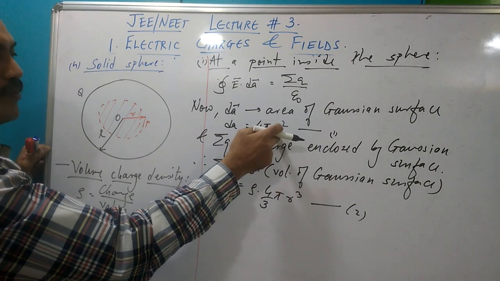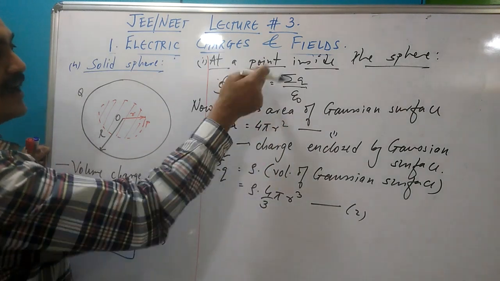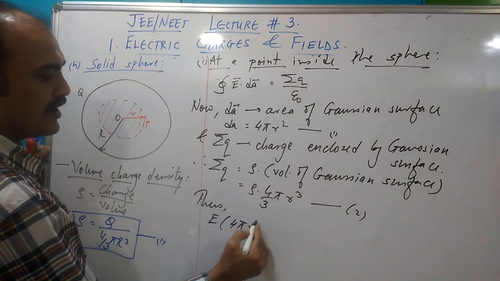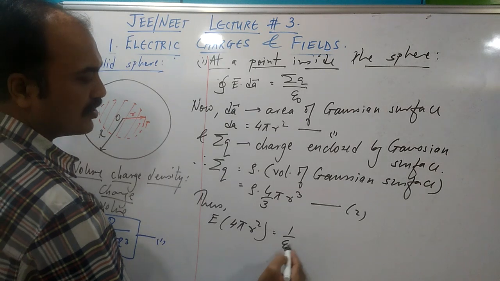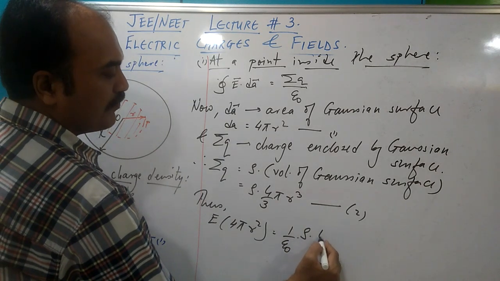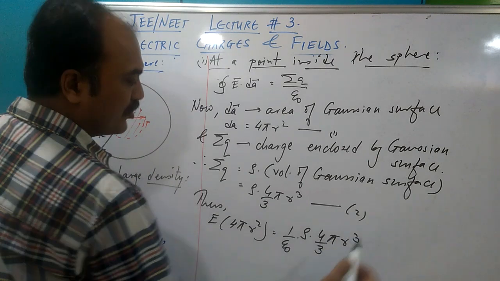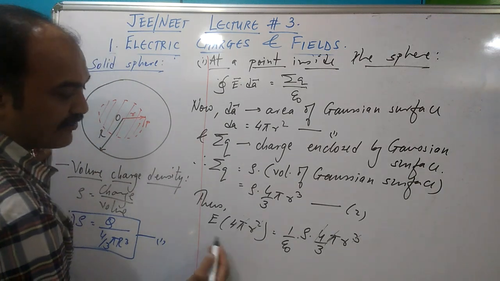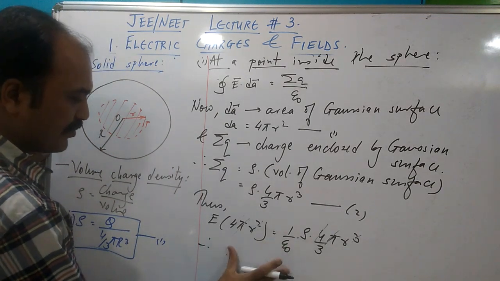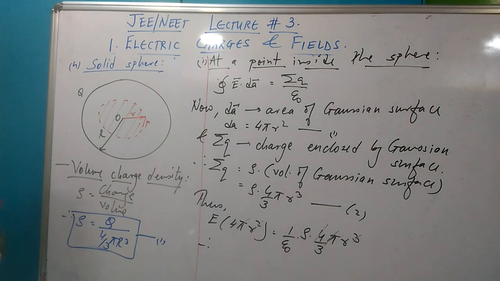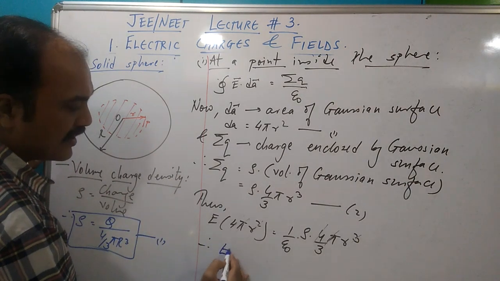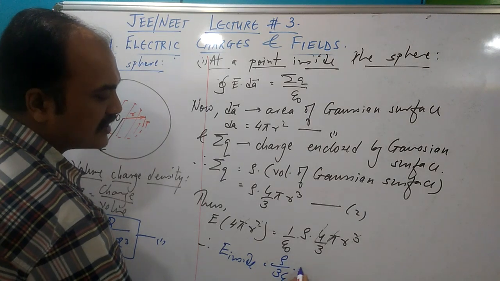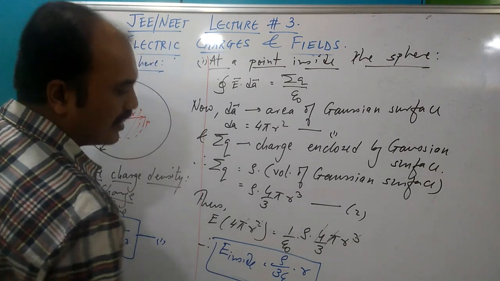And now I put dA as 4 pi r square, sigma q as this, right in this equation. Thus E into 4 pi r square is 1 by epsilon 0 rho 4 by 3 pi r cube, and cutting gives me the final equation. So I'll write that in blue to indicate that this is the final thing that we have obtained. E inside is rho by 3 epsilon 0 into r.